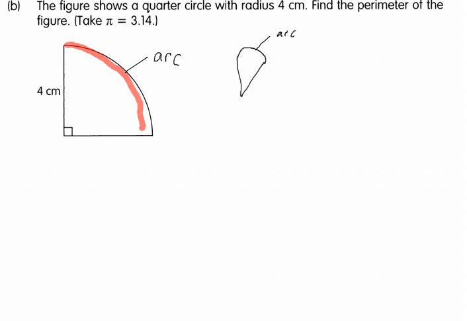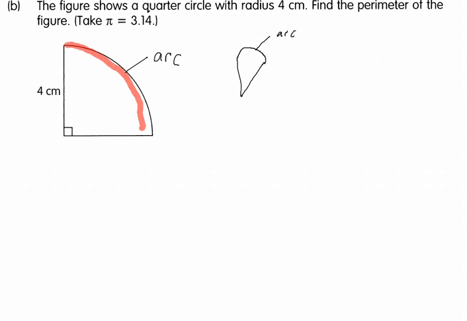You know how to spell sector? S-E-C-T-O-R. All these are mathematical terms that you must know, just like perimeter is a mathematical term, breadth is a mathematical term.